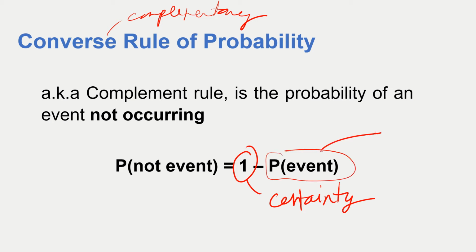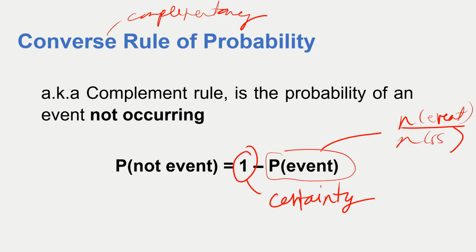Okay, so dito alam natin yung equation for probability of event, which is the number of event divided by the number of sample space.